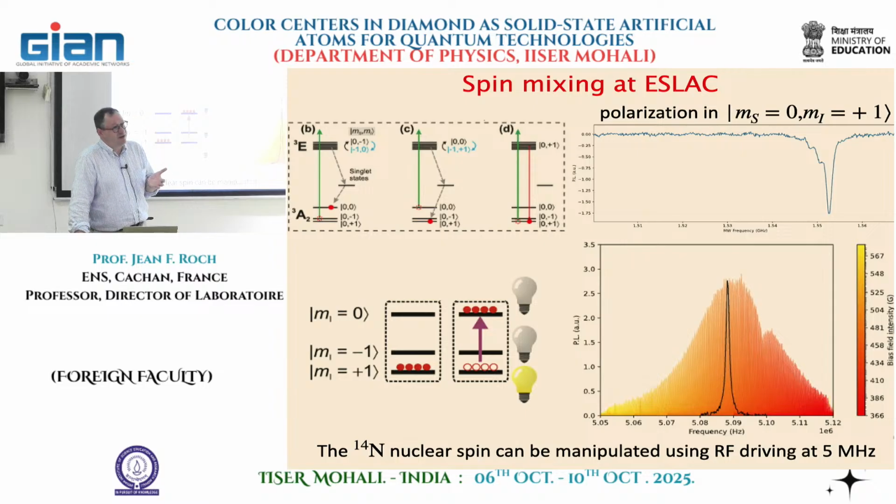So for that, you can ask, can I transfer the same scheme to, for instance, the carbon-13 impurities? Unfortunately, it does not work because the efficiency of the coupling between the NV center and the carbon-13 is too weak.